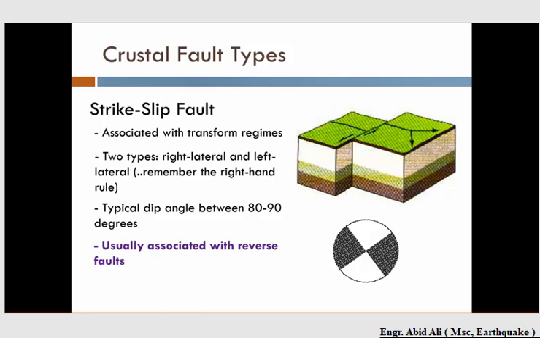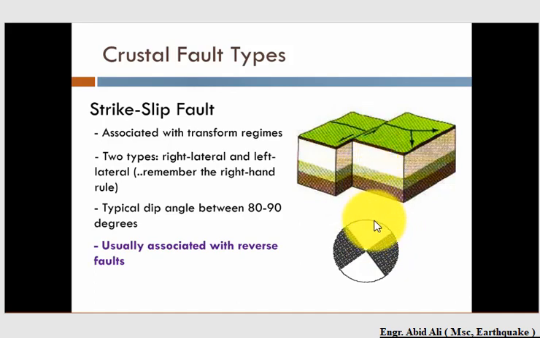Wherever there is compression, that's going to equal black on my stereonet. Wherever there is tension, that's going to equal white on my beach ball. Check out that I have black right here, meaning that in this quadrant I have compression, because the soil is being thrust in a left lateral way. This quadrant here, I want you to outline it, is going to stay white because it's in tension from the movement.